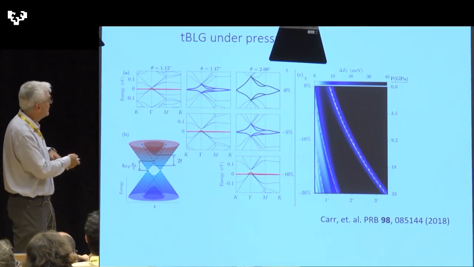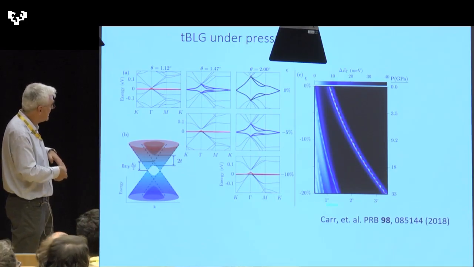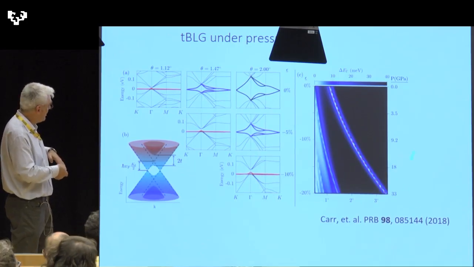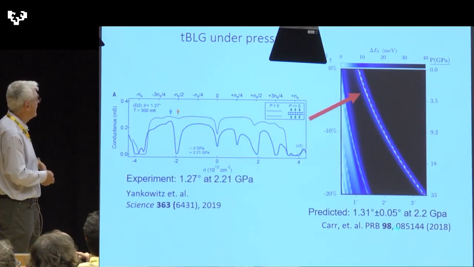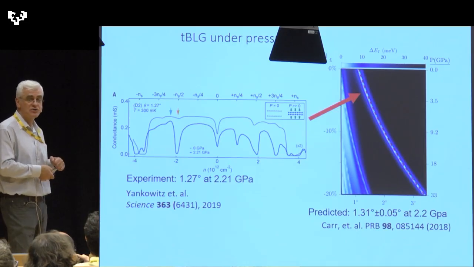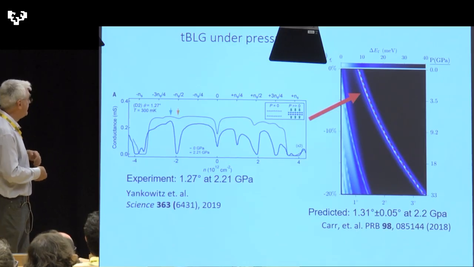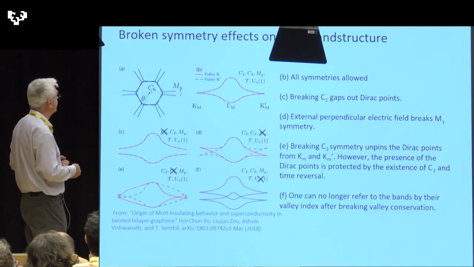So you can control the magic angle, as in this diagram that we produced, which shows the magic angle as a function of the pressure. And indeed, this was a nice prediction, because we predicted that at 2.2 GPa, the magic angle would be about 1.31 degrees, and experiment verified this soon thereafter. So the calculations can be quite accurate and realistic.